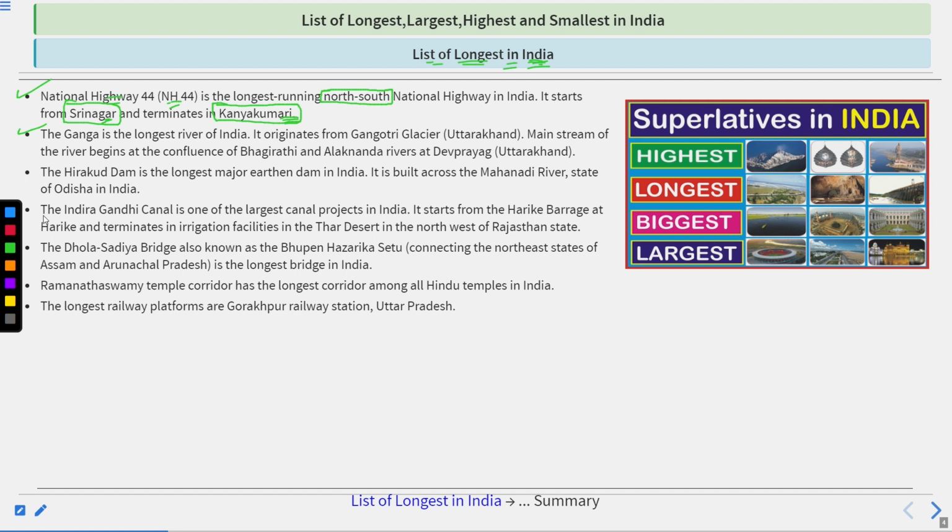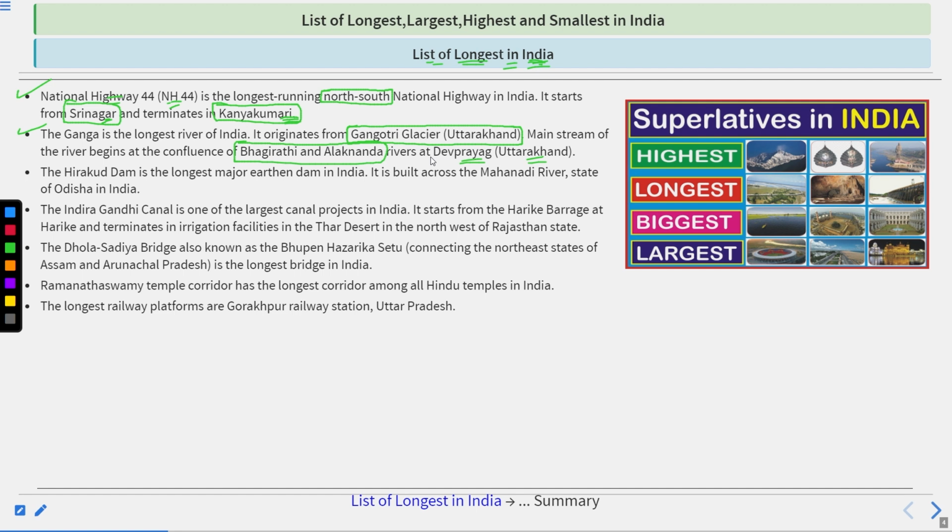After this, the next thing is the Ganga river. The Ganga is the longest river of India, which originates from the Gangotri Glacier, Uttarakhand. Okay. And the main stream of the river begins at the confluence of the Bhagirathi and Alaknanda rivers at Devprayag, Uttarakhand. When it originates from the Gangotri Glacier, it is known as the Bhagirathi at that time.